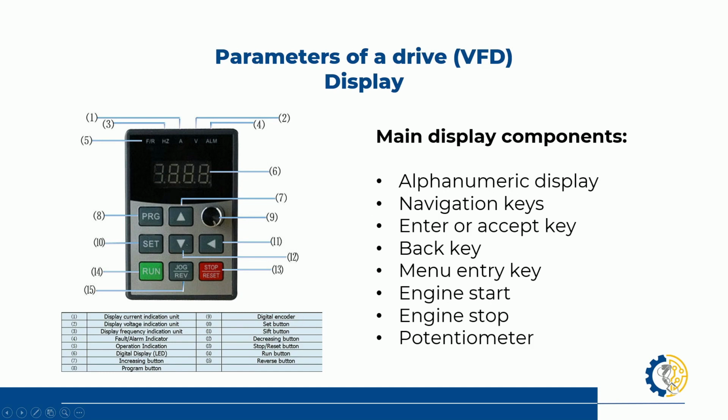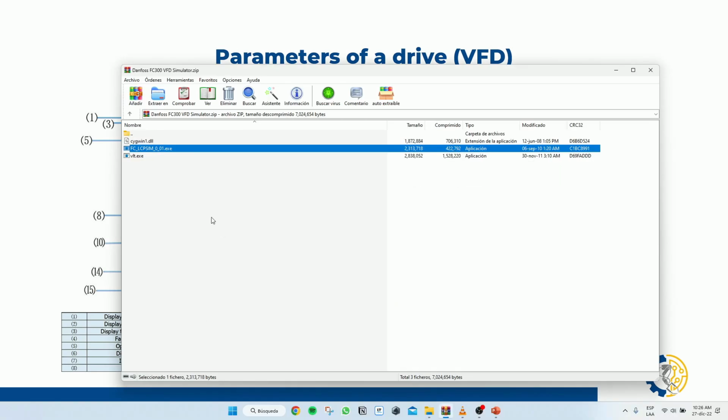However, firstly, I would like us to open our simulator for our C300 variator for Danfoss. So in this video, we should have included our emulator or our simulator. First, we're going to start with our Danfoss.